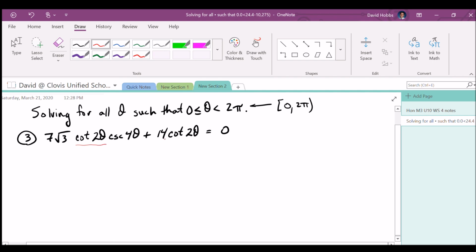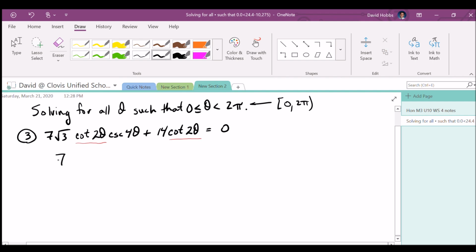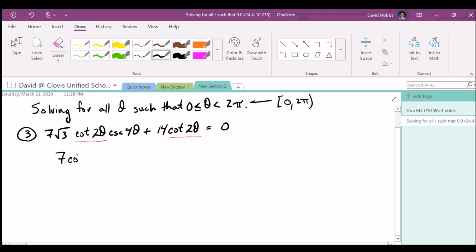There's also the 7 and the 14, so we also have that as well. So let's not forget about that. So GCF of 7 cotangent 2 theta, and that leaves behind root 3 cosecant 4 theta plus 2.